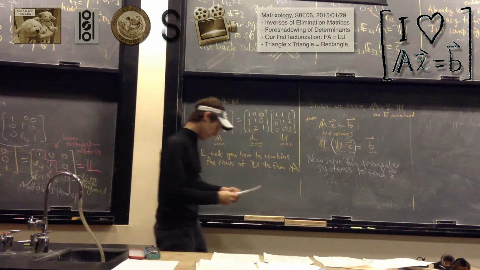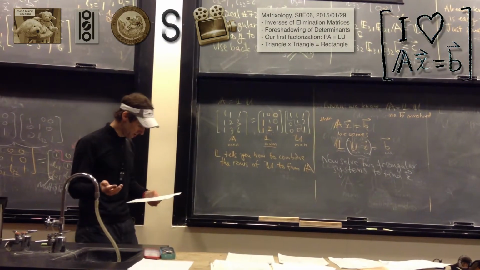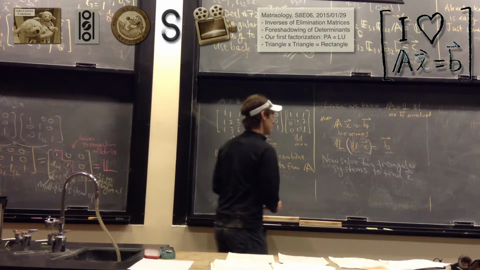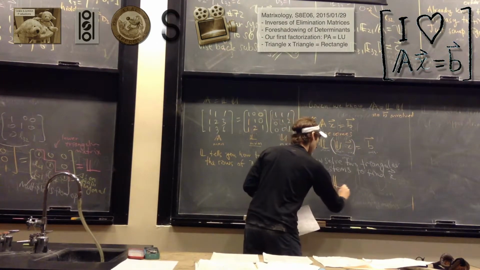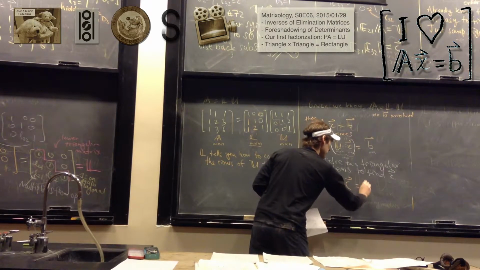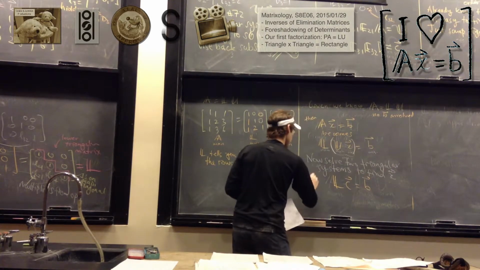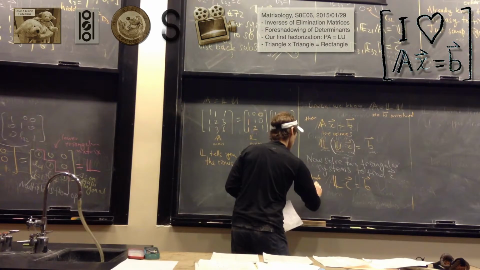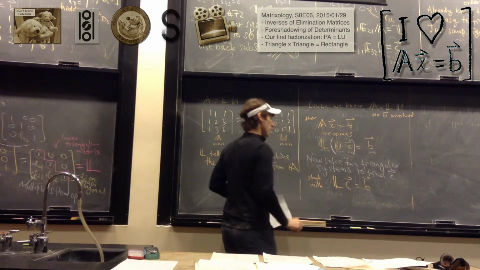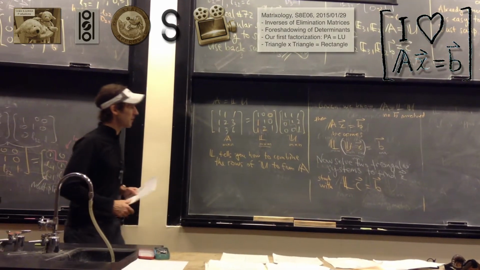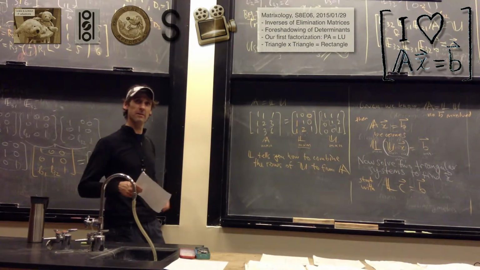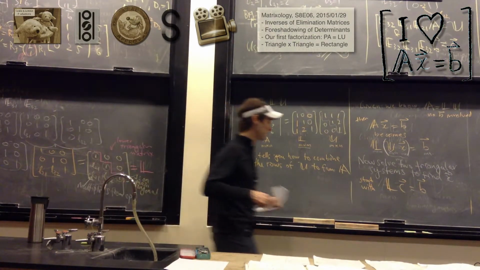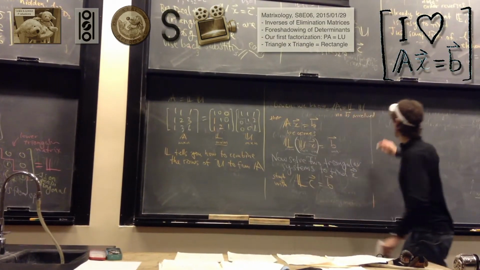Let's call the thing in the middle c, as we've been saying, Ux equals c. So we solve Lc equals B. It's often good form to find LU, but if you're going to be changing B a lot, you can see why this will be very helpful.